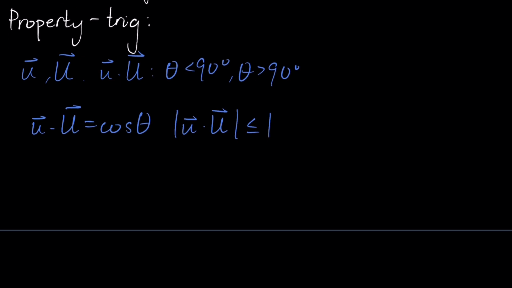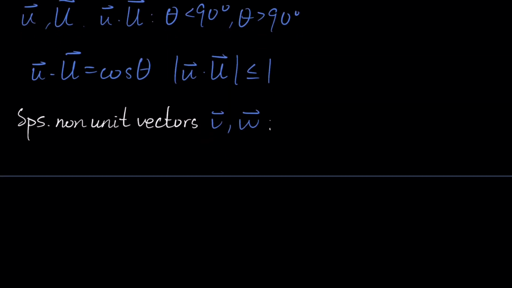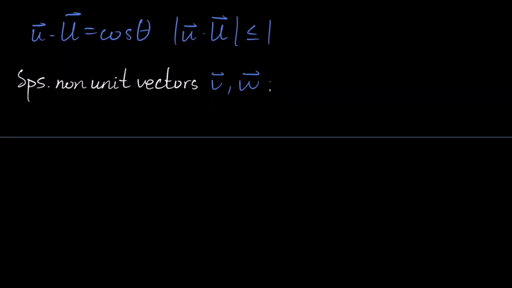Now, these vectors are presupposed to be unit vectors. How can we derive a relationship in which these are not unit vectors, but we can still relate dot products with the cosine? Okay, so suppose we have non-unit vectors, v and w. We have said previously that we can construct a unit vector from a normal non-unit vector. How can we do that?